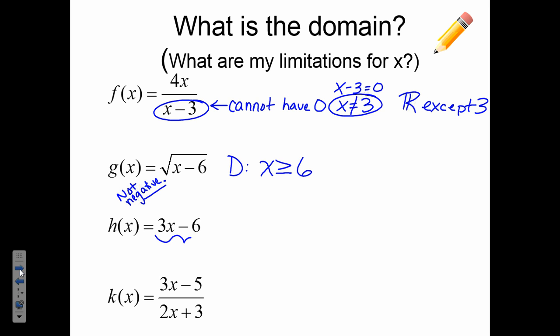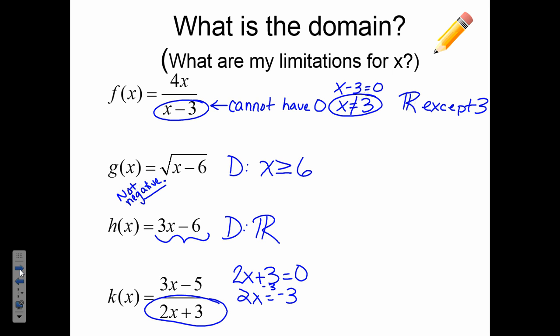Well, this, you know what? That doesn't look like a fraction and that doesn't look like a square root. We really wouldn't have any limitations on that. So this one, the domain is all reals because we don't have to worry about any fractions or negatives underneath square roots. The next one here is a fraction. We have to be careful to make sure that this bottom of that fraction does not turn into 0. So if I want to know what x value makes that happen, I'll just put equals 0 after it.